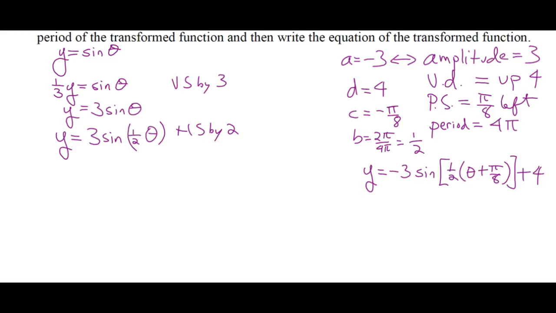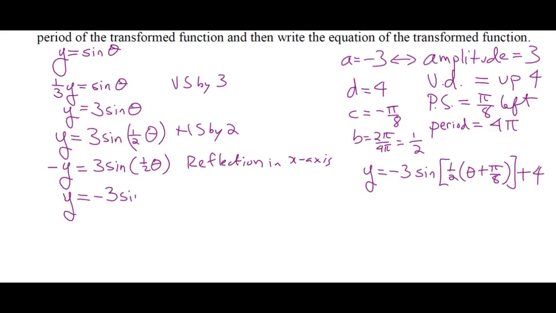So how do I do reflection in the theta axis? So you go negative y. So that's reflection in the x-axis. Okay, and then we can clean that up if we like. So negative 3 sine 1/2 theta.